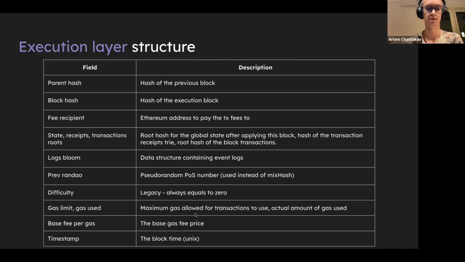What is cool about this gas limit is that it is adjustable after the London hard fork. So Ethereum tries to maintain the amount of gas that transactions consume at 15 million, which is 50% of the gas limit.